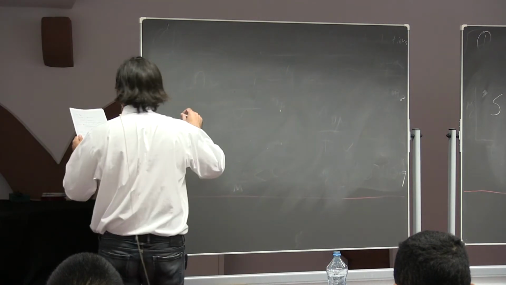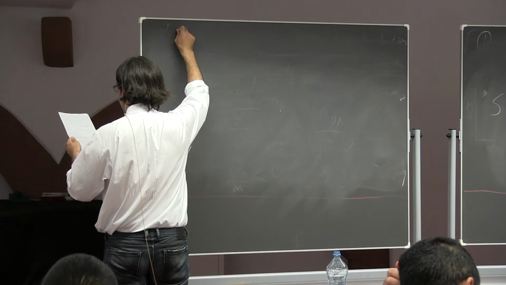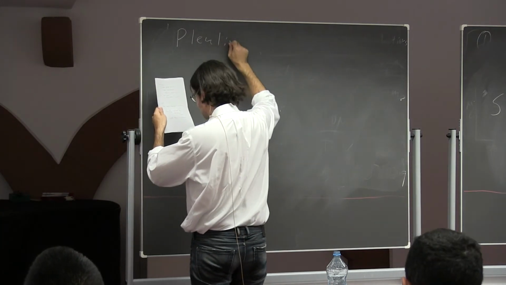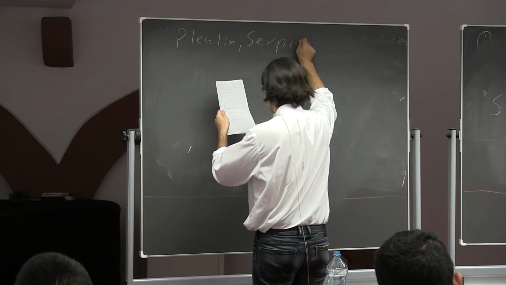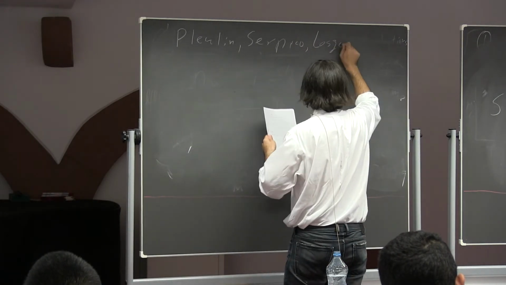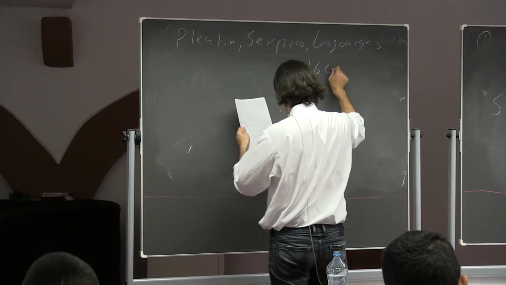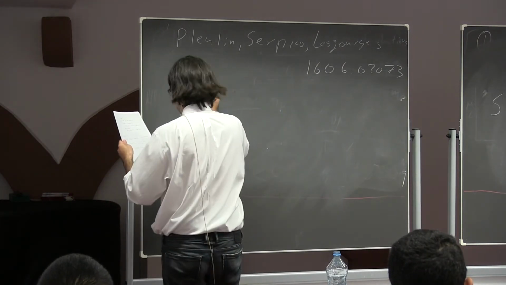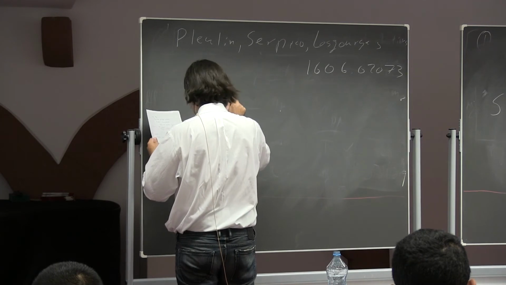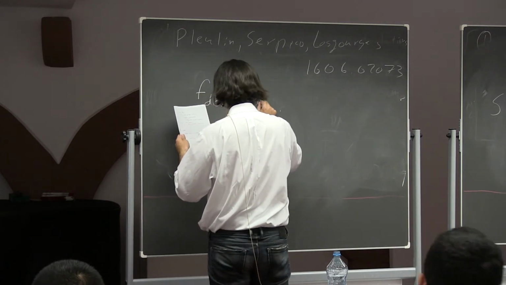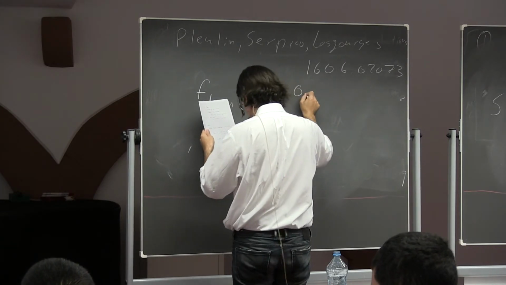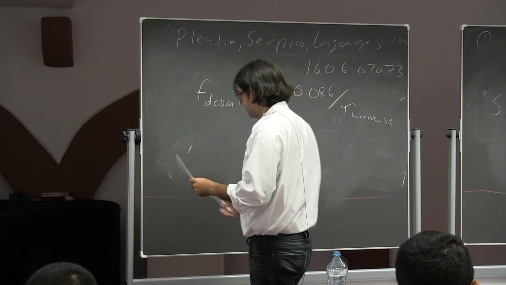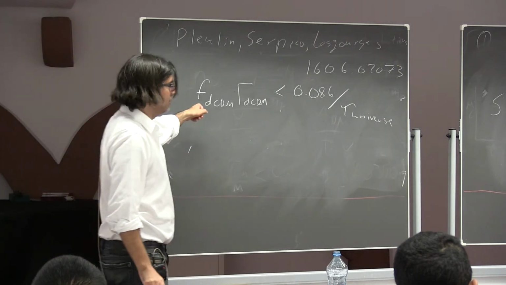And so there's a fairly recent paper where they come up with this constraint on the fraction of the universe which is in the form of decaying dark matter.